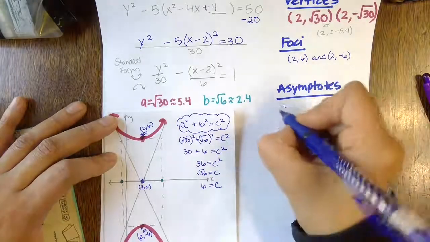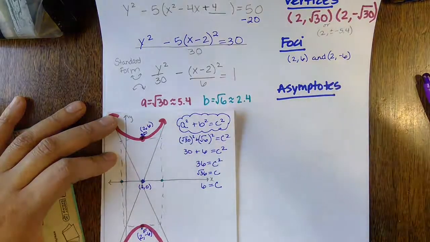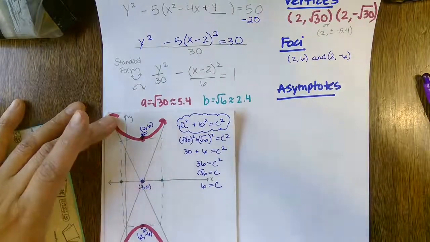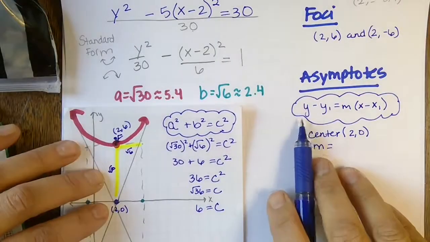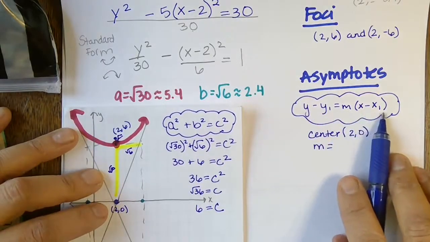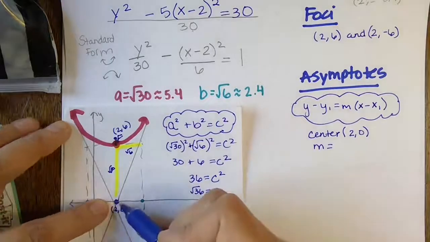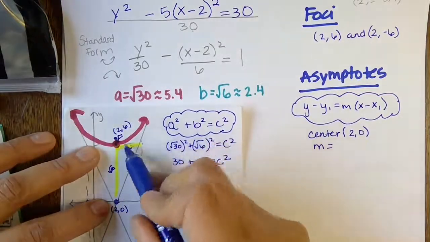And again, to know the asymptote, you use your point slope formula. And then you have to find the slope and the center. All right, so we'll use point slope. So y minus y sub 1 equals m parentheses x minus x sub 1. Your center is at 2, 0. Your slope is, well, remember this distance was square root of 30 and that's square root of 6.